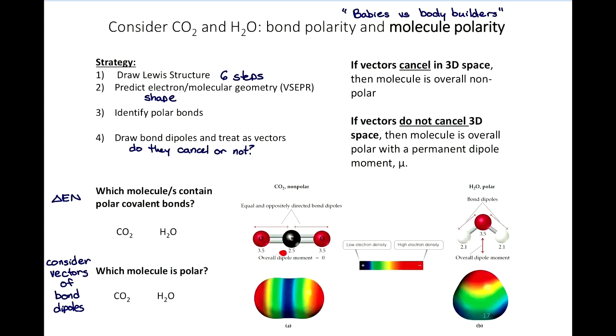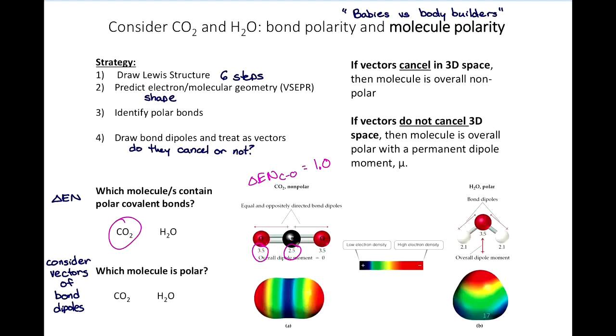So if we look at two examples, CO2 versus H2O. If we look at the difference in electronegativity of a carbon and an oxygen here, we see that the difference is about 1, so CO has polar bonds in it. This CO bond is polar, this CO bond is polar.